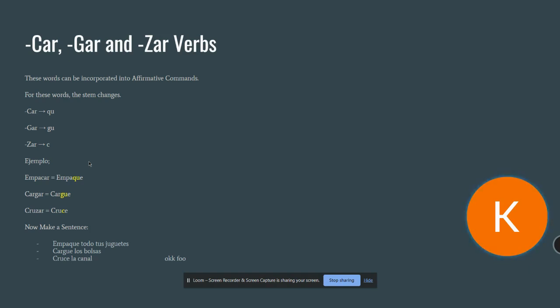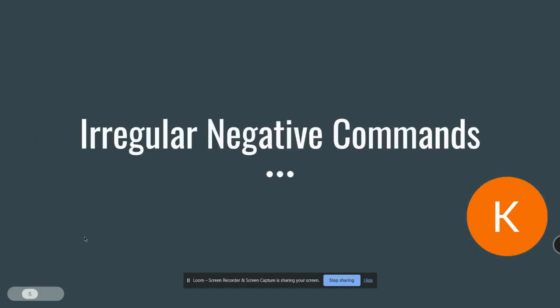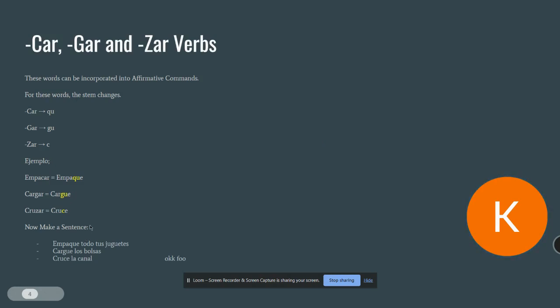The Z changes to the C. Now, since we know this, we will make this into a sentence. Empaque todos tus juguetes, cargue las bolsas, cruce la canal.